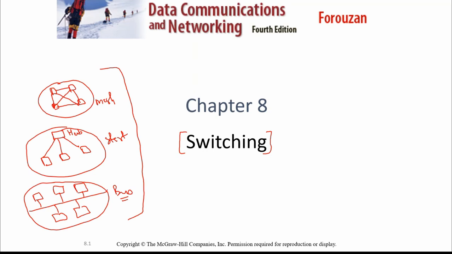In the bus, once we increase the number of devices, the speed will reduce, because the bandwidth reduces as a large number of devices are present. So there should be a solution to these issues of the different topologies.